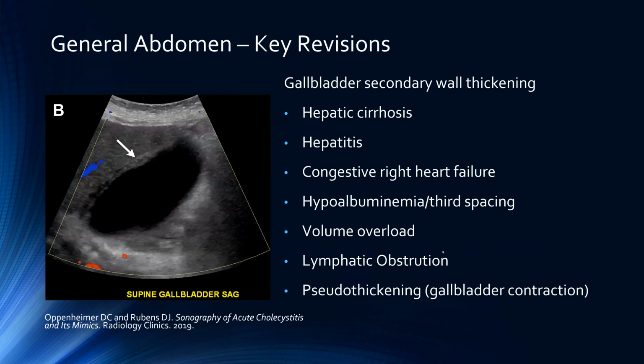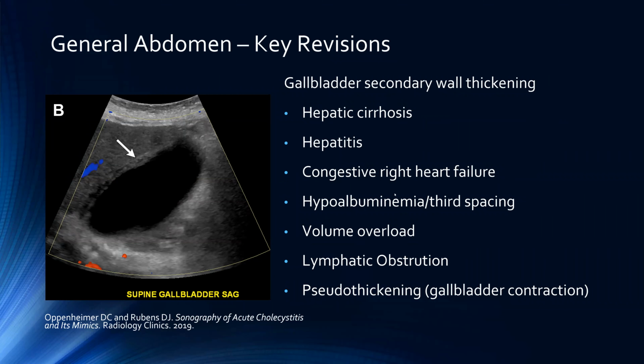So just as a case review or pictorial review of the importance of assessing Doppler flow within the thickened gallbladder wall, here are a couple of images for comparison of some secondary causes of wall thickening, which can commonly be seen in hepatic cirrhosis or acute hepatitis, as well as congestive heart failure, volume overload, any type of third spacing.